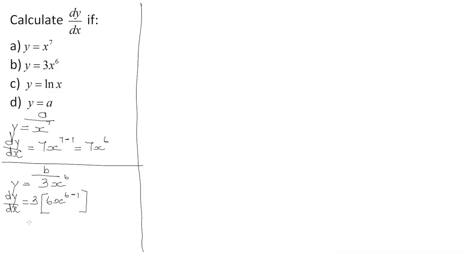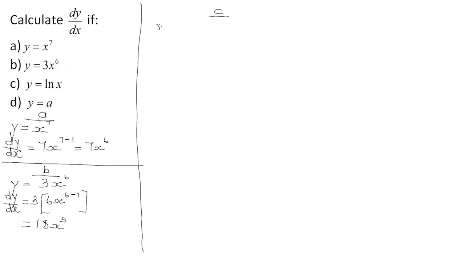And then simplify. 3 times 6 is equal to 18x to the power 5. Right, so for A and B, we have applied formula number 5. Let us look at C.